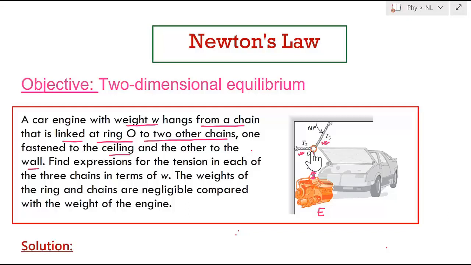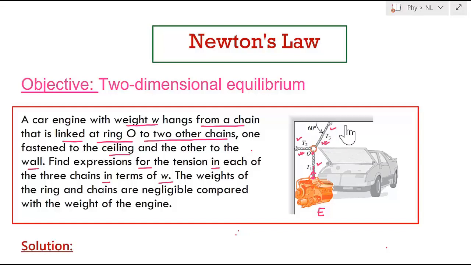Now the question further says, find the expression for tension in each of the three chains in terms of W. So the tensions in these three chains are different. In this chain the tension value is T1, in this chain the tension value is T2 and in this chain the tension is T3.